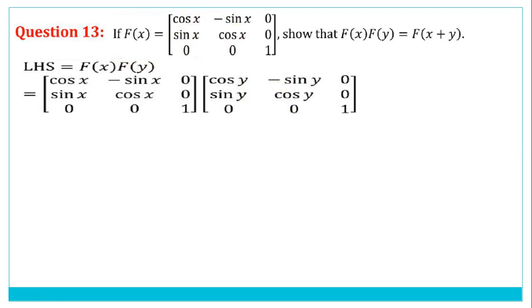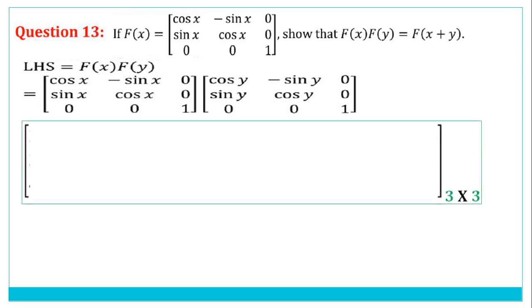So this is how we can easily get f(y) from f(x). Again, here there is multiplication, and both the matrices are of order 3 by 3, therefore we can multiply these two matrices, and the order of the resulting matrix will also be 3 by 3. Again the same procedure. The first row is multiplied with the first column, then the first row with the second column, and then the first row with the third column.